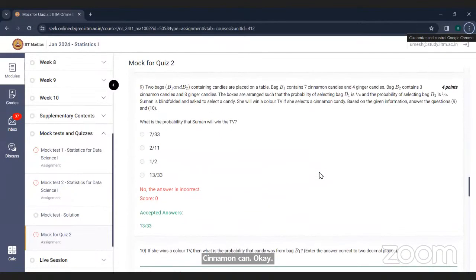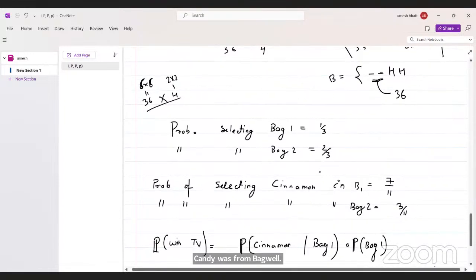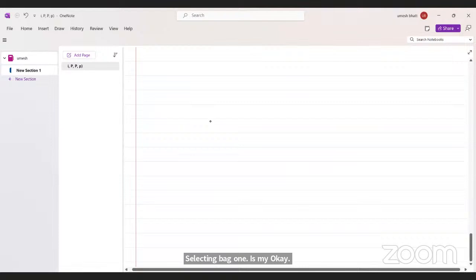Now the next question is, if she wins the color TV, then what is the probability that the candy was from bag 1? So assume that selecting bag 1 is my event. Now how to proceed?